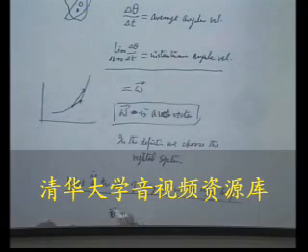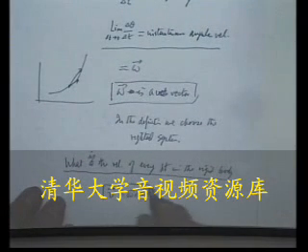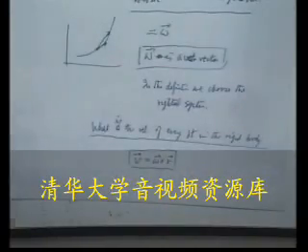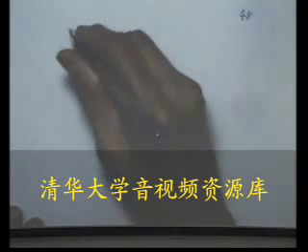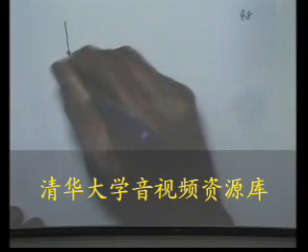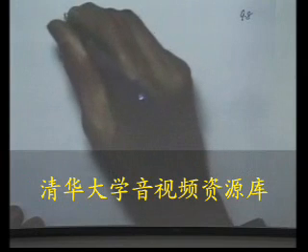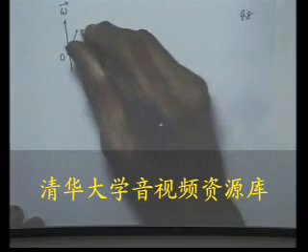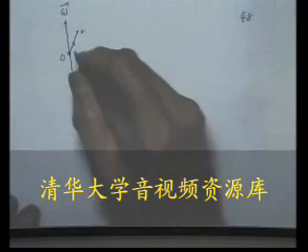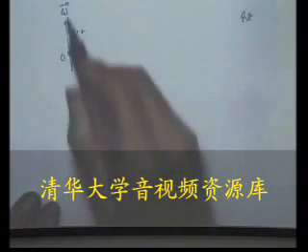And the fundamental formula is... this is point O, and this is omega. O is the fixed point, and we have just defined the angular velocity omega.